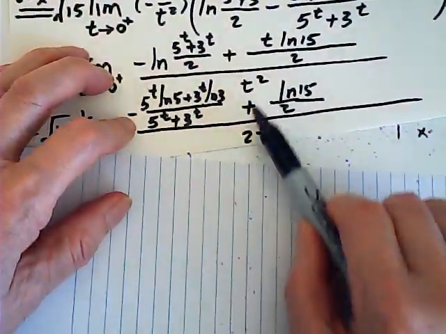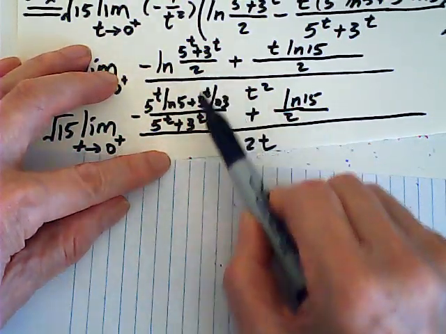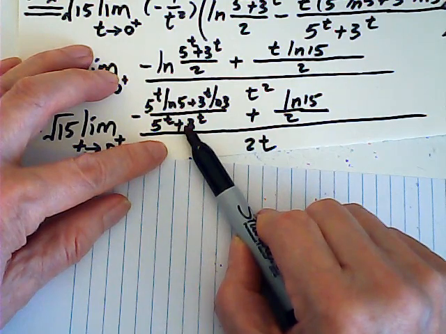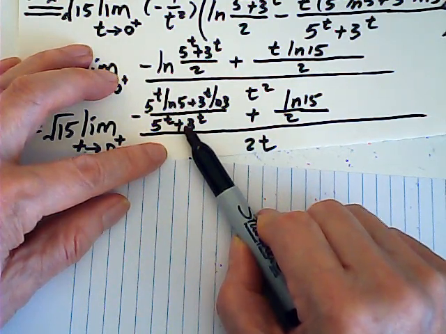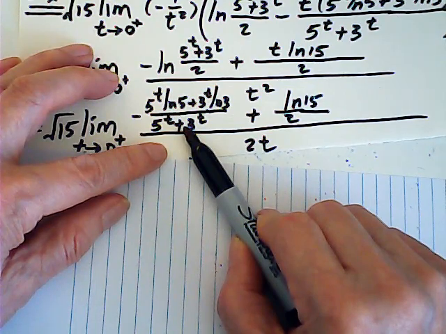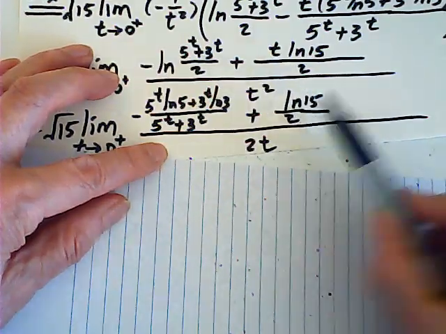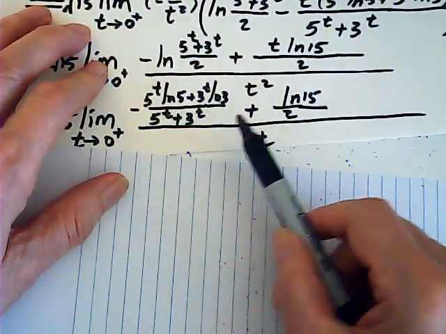L'Hopital's rule says this derivative is 2t, as we did before, right? Now let's check it again.